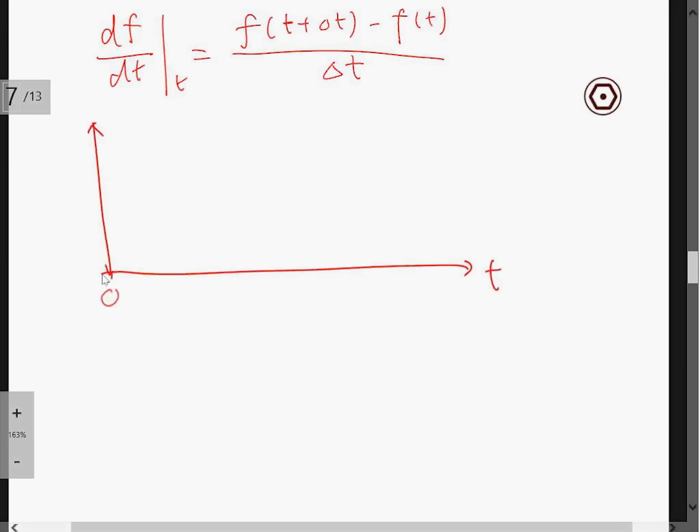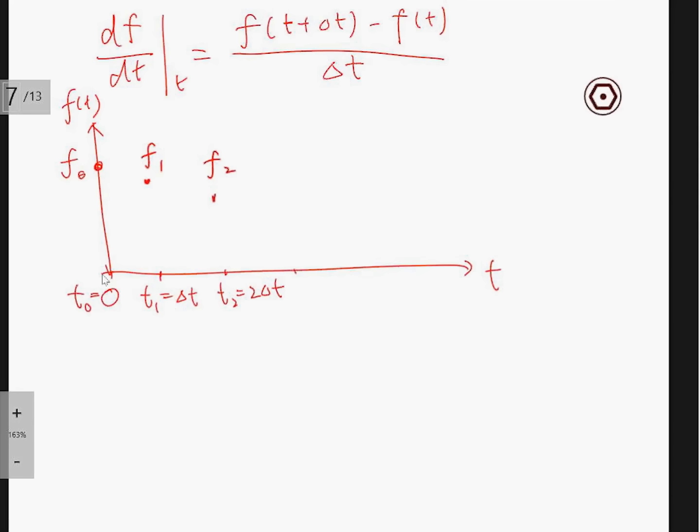Let's call time 0 equal to T0, and let each time step have a name. T1 equal to delta T, T2 equal to 2 delta T, etc. The function value at t equal to 0, I'm going to call f0. The value at t1, f1. The value at t2, f2.